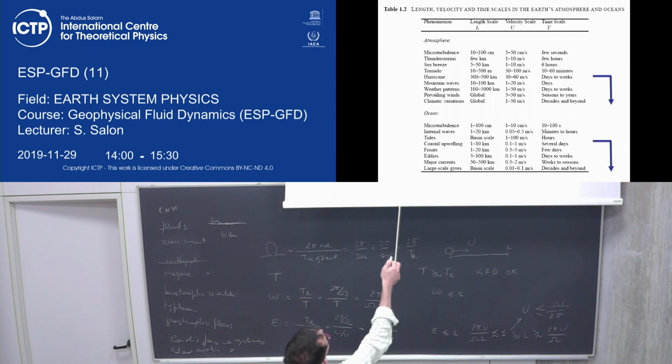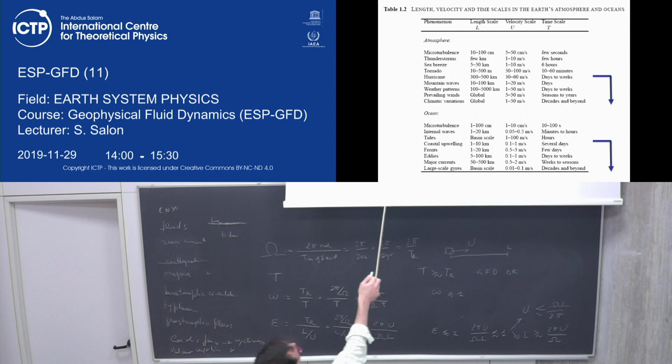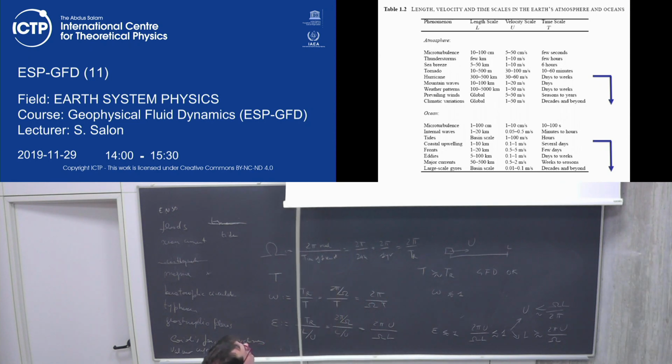So we are taking different phenomena: microturbulence, thunderstorm, sea breeze, tornado, hurricane, mountain waves, weather pattern, prevailing winds and climatic variation in the atmosphere. Again, microturbulence, internal waves, tides, coastal upwelling, fronts, eddies, major currents, large-scale gyres.